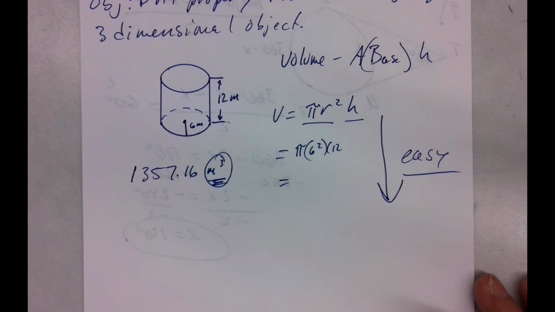When I do mine, it comes out as 432 pi. What do I do to my calculator? So you've got it set to be exact. It's a Texas Instruments. Just go to math.